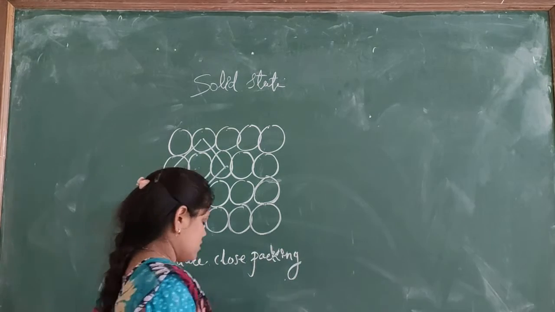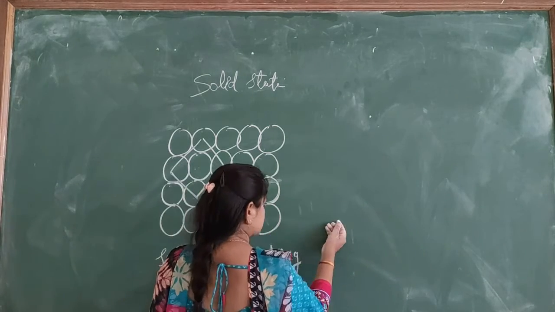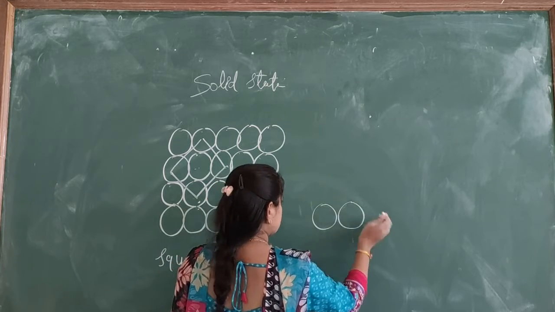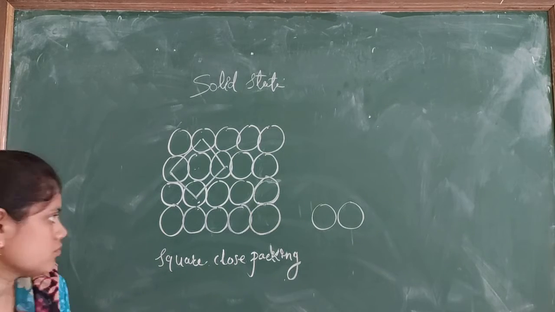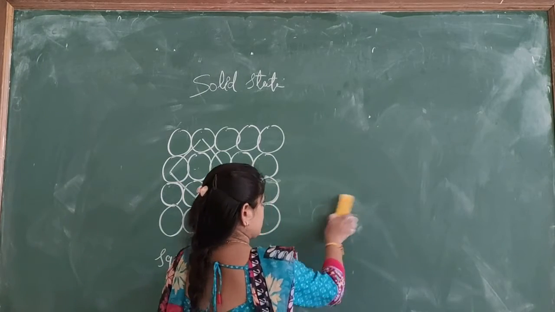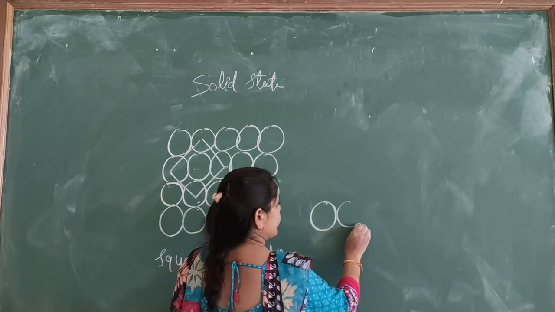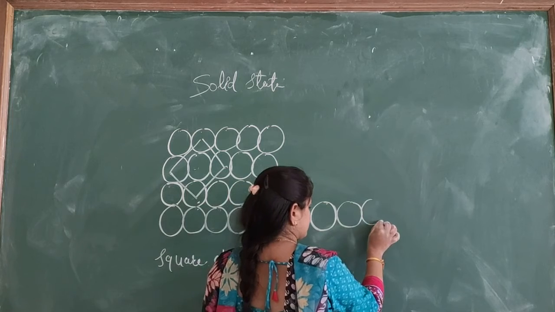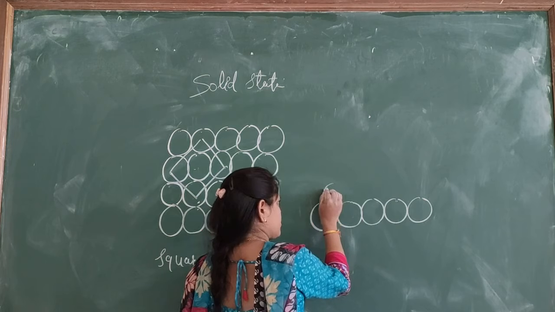Now I will draw the hexagonal close packing. Here the spherical atoms are arranged in a staggered manner. Now the second row will be present like this.